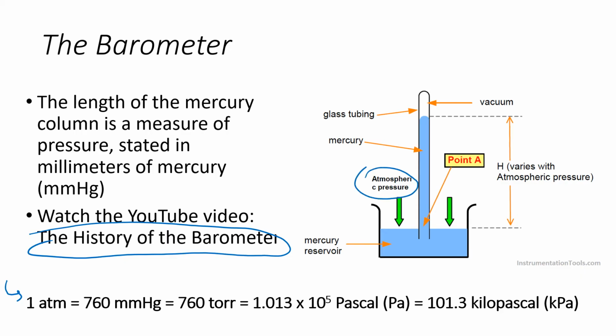It will push against this container filled with mercury, and the mercury goes up a certain height. The units for mercury in terms of pressure is millimeters of mercury. So at sea level, this height will be 760 millimeters of mercury. So that is 1 atmosphere.